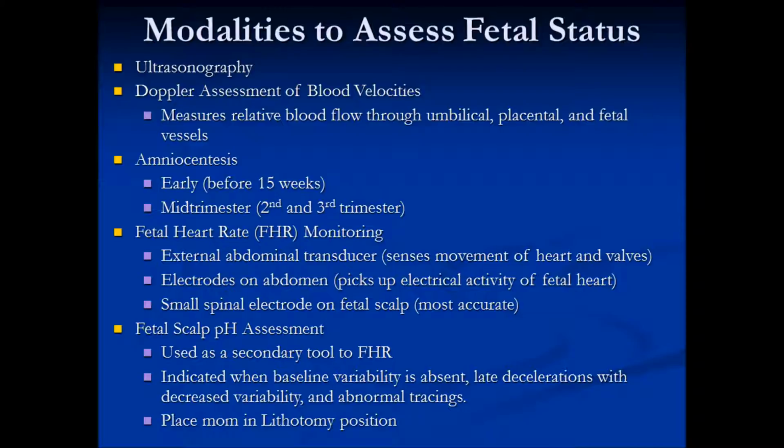They do that LS ratio to determine how developed the type 2 cells are to produce that surfactant. In order for them to do that test, they have to have an amniocentesis performed so that they can get the fluid.